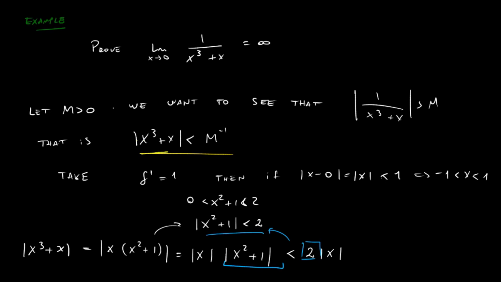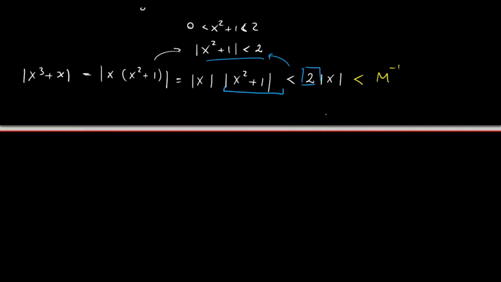So when bounding x to the power 3 plus x, we can just bound the expression 2 times the absolute value of x, and then this one would already be bounded. So let's try and make this smaller than m to the minus 1. And now we can isolate x, and we have that the absolute value of x is smaller than 1 over 2m.